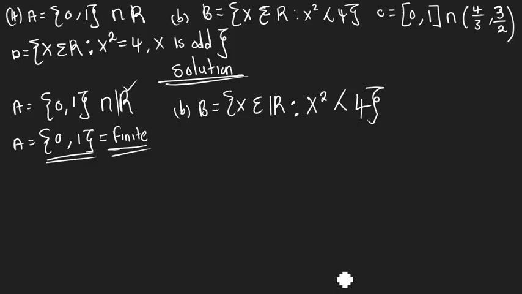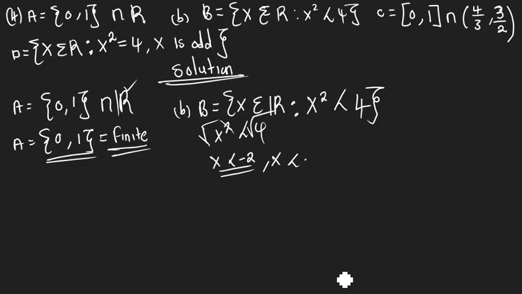So they are saying x is a member of all real numbers, but the condition is that x to the power 2 must be less than 4. So you solve. This is just the same as square root of that, square root of that. You are going to have x less than -2, x less than 2.